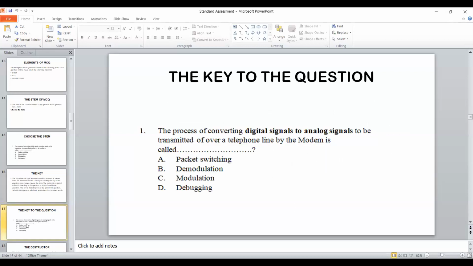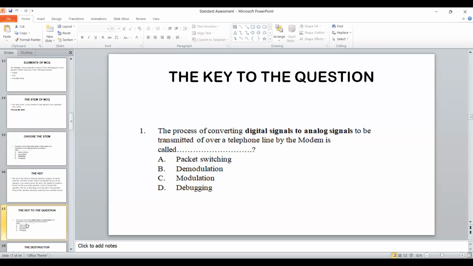So like in the previous question, the key was to know that when a modem converts from digital to analog, that is the key. Now, what do I mean? And when a modem converts from analog to digital, what do I mean? So you must make sure that there is a key in that question. Even if you're going to make corrections, you must tell the learner why you failed.